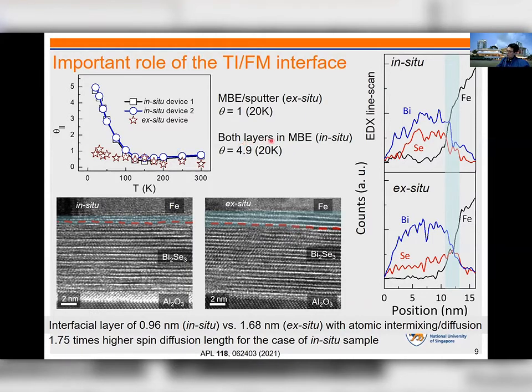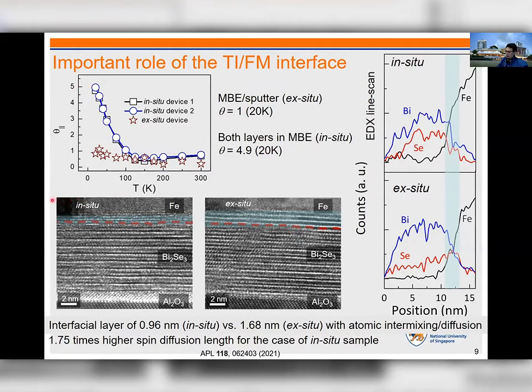However, once we use the same MBE chamber to grow the ferromagnet, so everything is done in one MBE chamber, we call this the in situ method. In this case, we find a very abrupt enhancement below 100 Kelvin, and the effective spin Hall angle can even reach around 5 at 20 Kelvin.